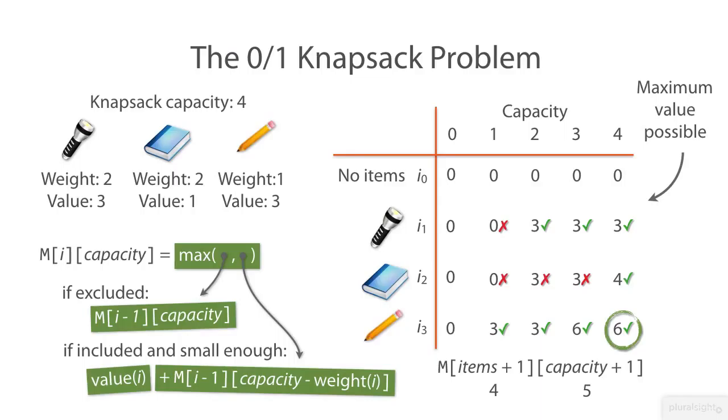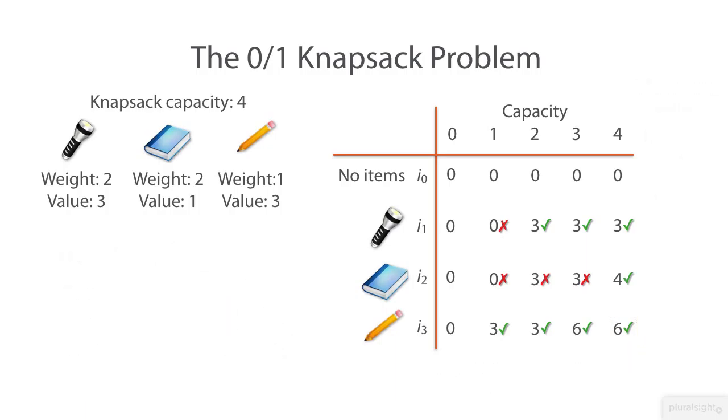So, done. Let's clean up a bit. What have we achieved now? We have found the maximum possible value that can be obtained by picking one or more items into our knapsack for varying capacities and for increasing subsets of items. The answer to our original problem with a capacity of 4 and with all items considered can be found in the lower right corner.